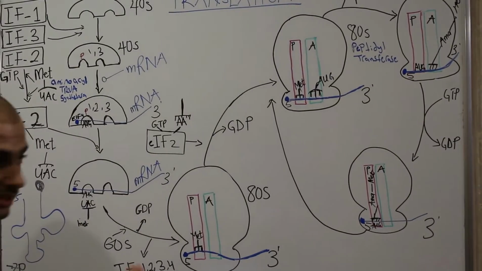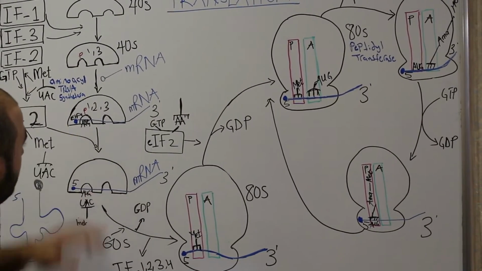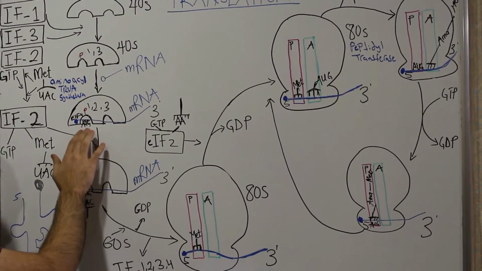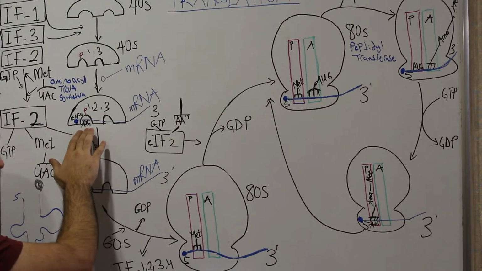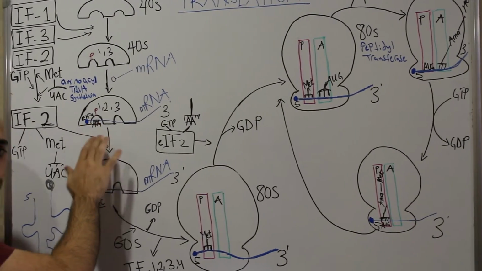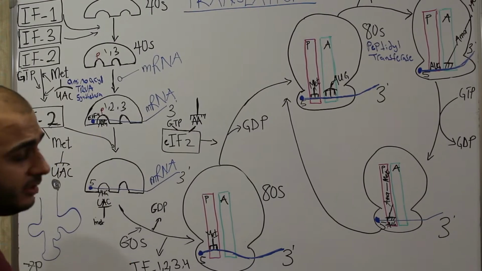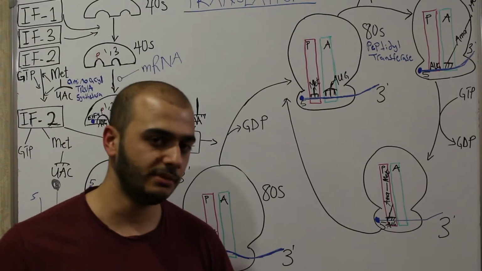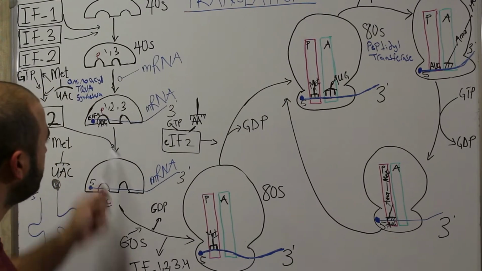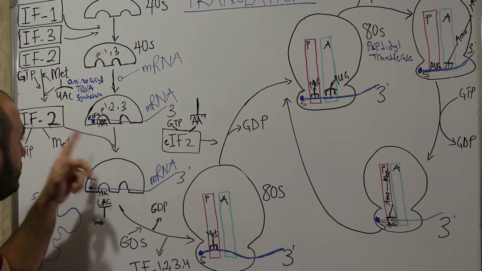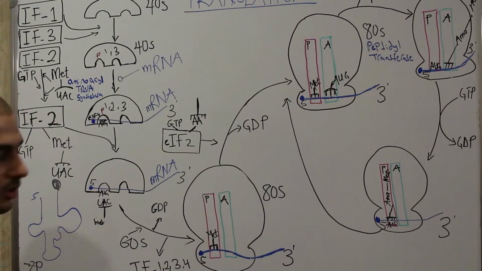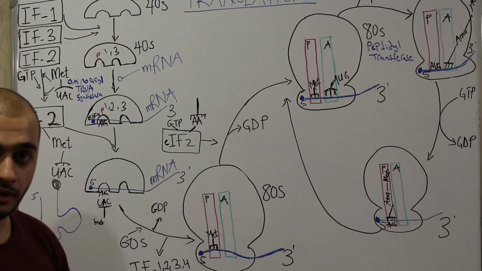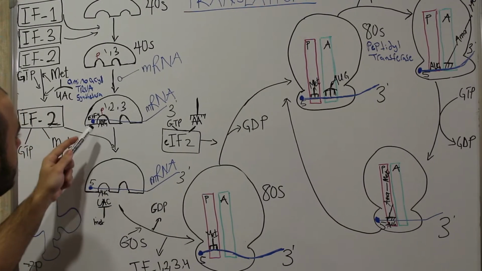But it's not important here in translation. What is important is that the starting codon in eukaryotes should always be AUG, while in prokaryotes it is not a condition. So this is the main difference. In eukaryotes the starting codon should be AUG, which corresponds to the amino acid methionine.